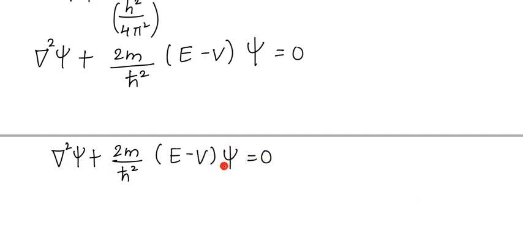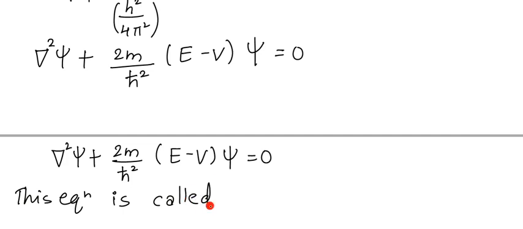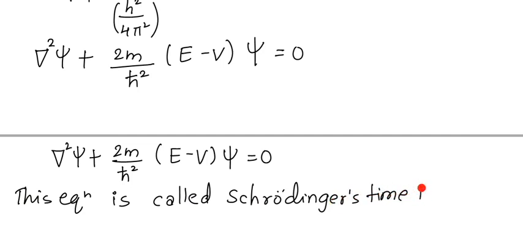This is basically the Schrodinger's time independent equation. This equation is called Schrodinger's time independent equation, because there is not any time here.